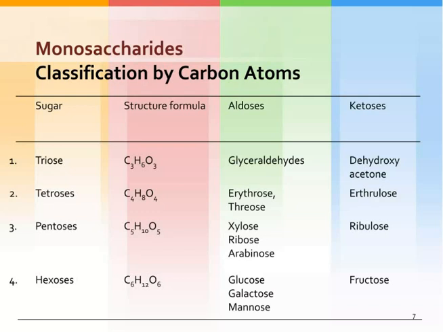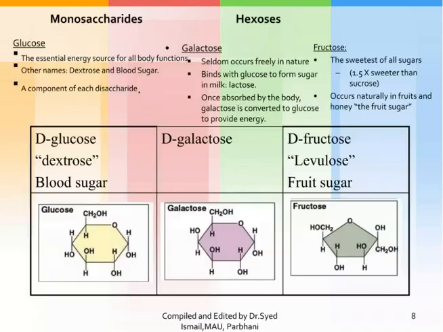Now ketoses: dihydroxyacetone, erythrulose, ribulose and fructose. Now monosaccharide hexoses: glucose, galactose and fructose. D-glucose, dextrose, blood sugar. D-galactose.